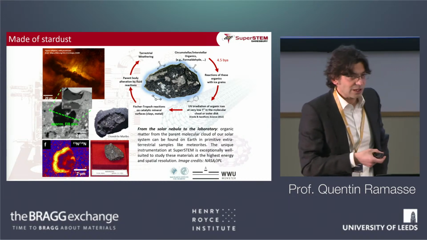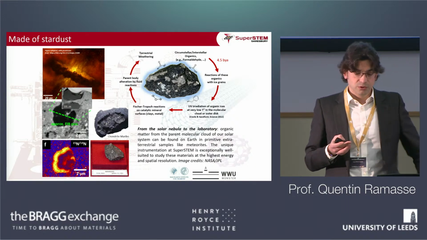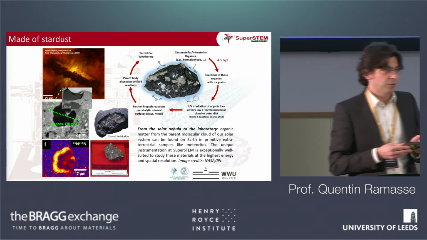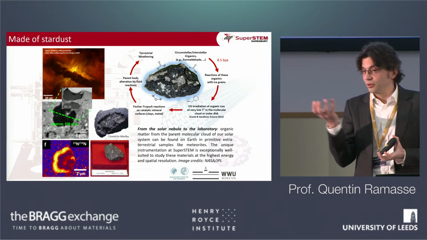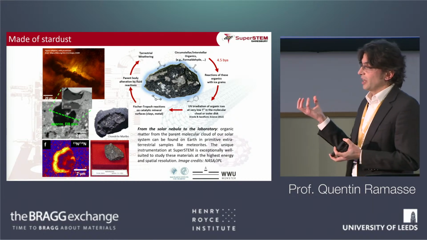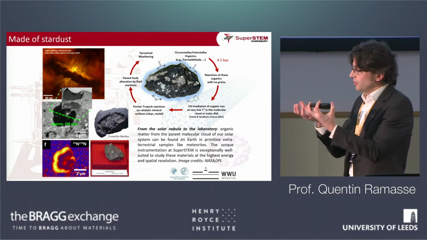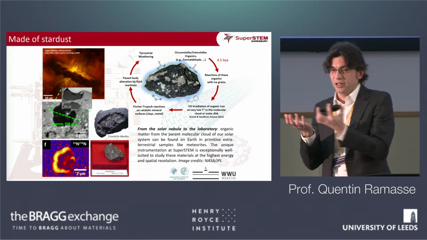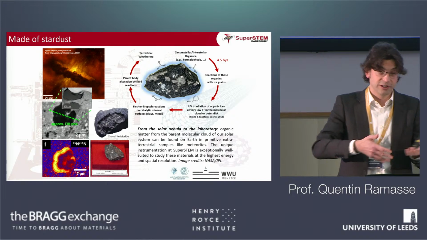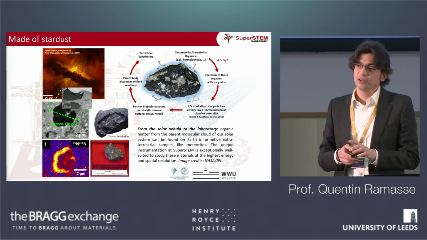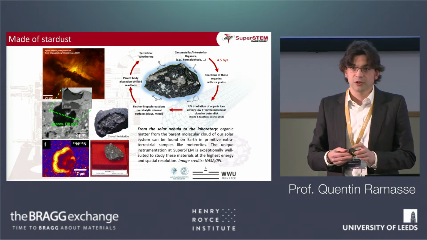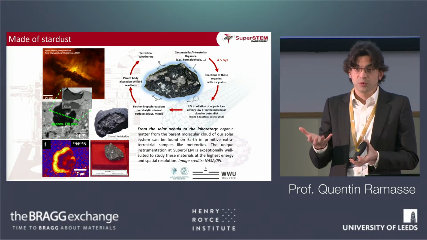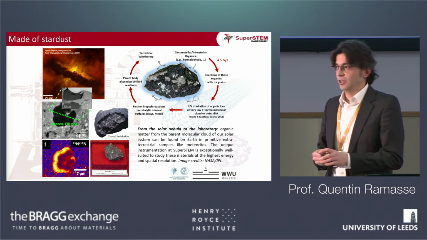And the way you would sell it to your funding agencies, or the way you make people dream, which is always nice when you do science, is to always say that these little blobs of organic matter that are sort of imprisoned within bits of rock that fall from space onto Earth, and have sort of moved around for billions of years in the solar system, might have been the start of life on Earth, just because it is organic groups that are there, and it could have contributed to the primordial soup.